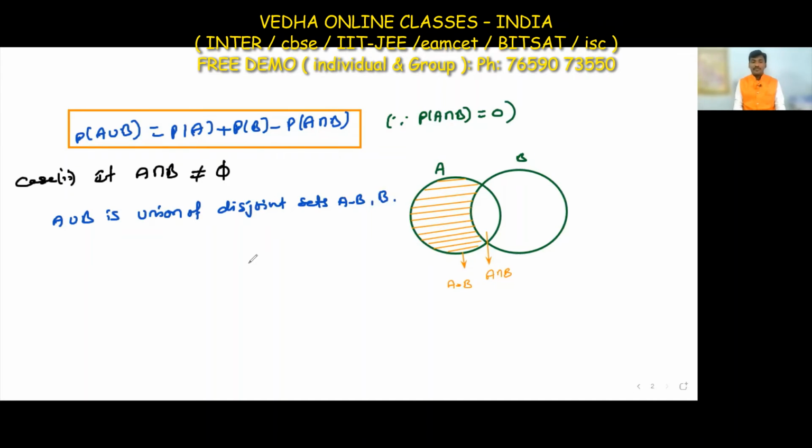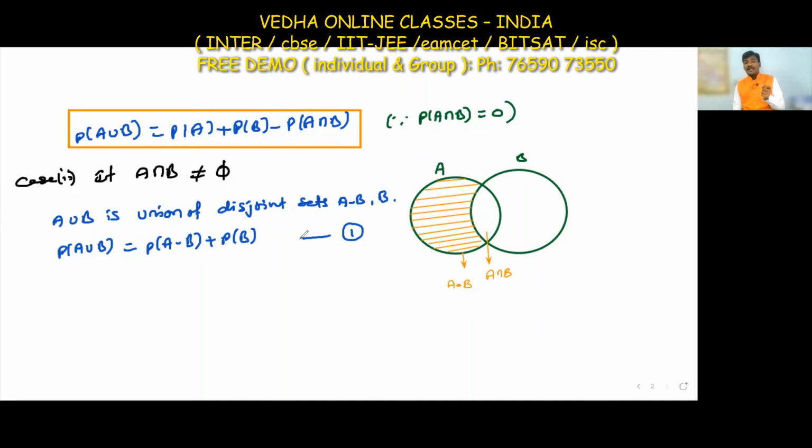There is no common area. That means we can write probability of A union B is equal to probability of A minus B plus probability of B. Take it as equation number 1.